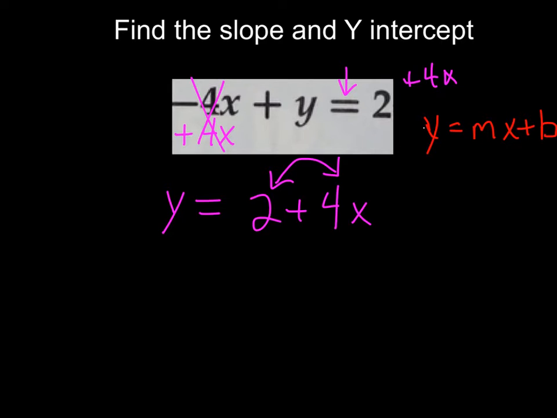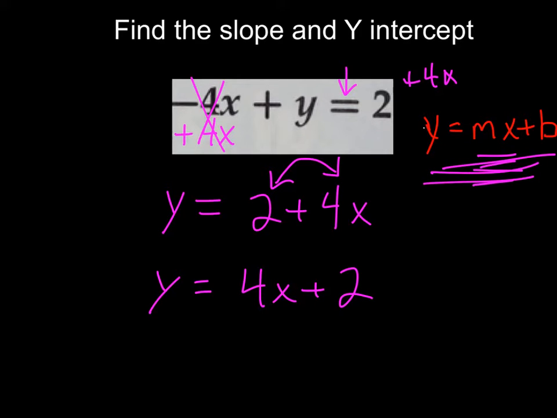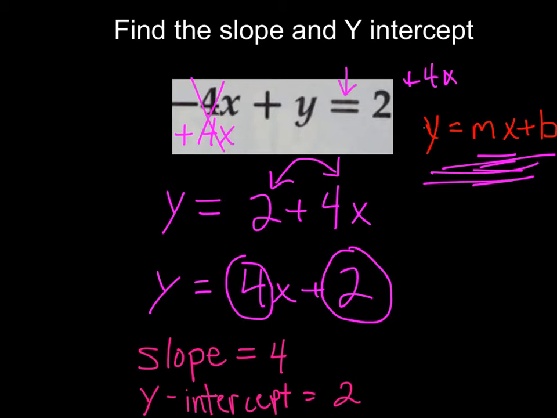And the reason I want to do that is now I can get the m of x, the slope of x. So this would be the same as y equals 4x plus 2. And now it's set up in slope-intercept form. So 4 is my slope and positive 2 is my y-intercept.